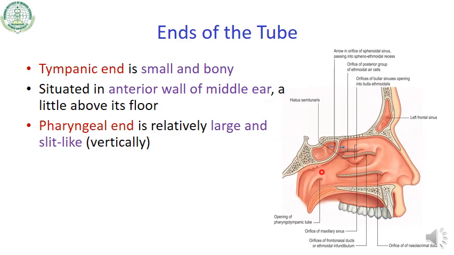So you can see this is the opening of the pharyngotympanic tube. This is the pharyngeal end of the auditory tube, which is vertically slit-like.